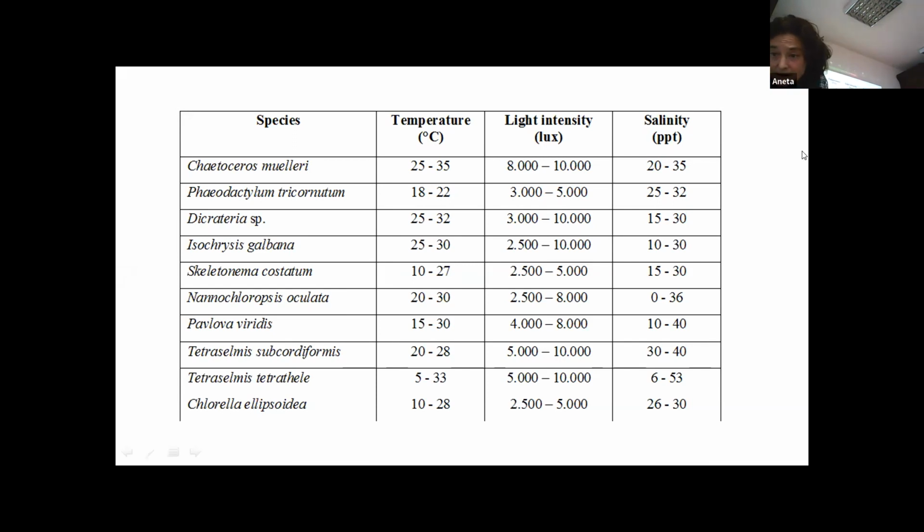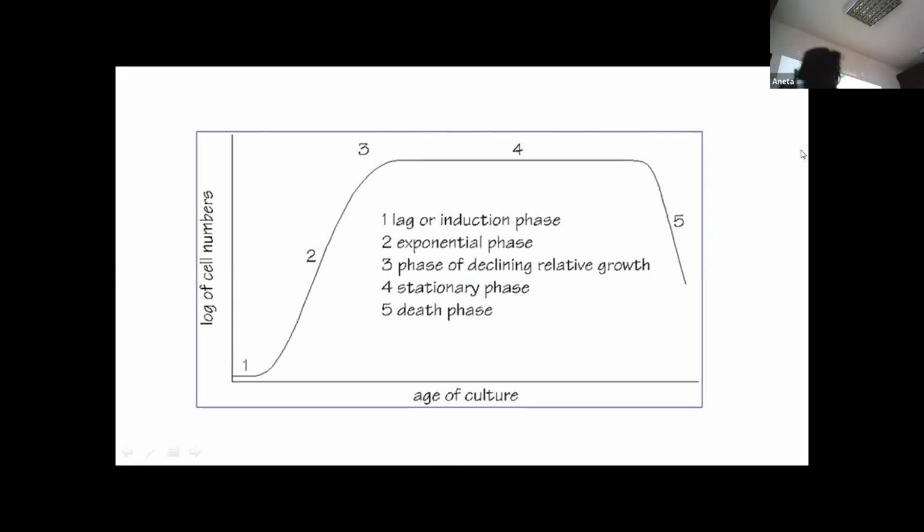So these are again the conditions. About algae growth, we all know this very well, and what the stages of algal growth are. But the point is that we come again to chemical composition.